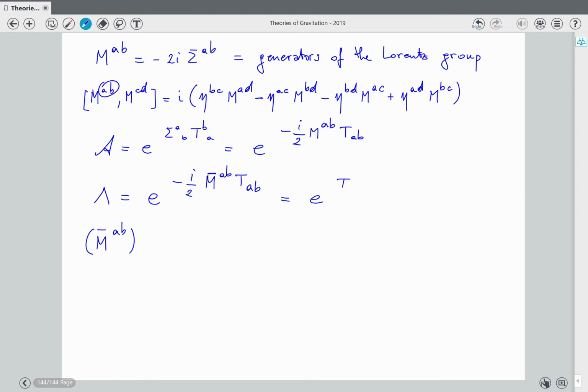So these are indices, but not of them as matrices. Here they are alpha and beta. Here instead, the indices are flat-space indices themselves. And the representation is just this, which you can check satisfies precisely the commutator algebra of the Lorentz group written there.